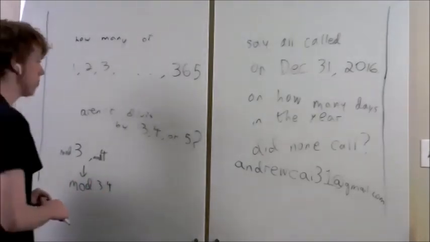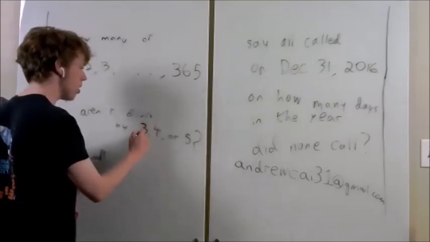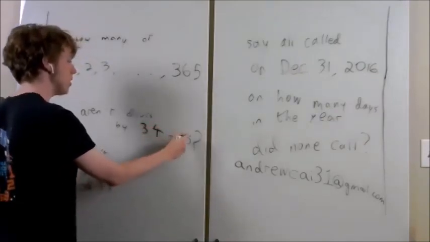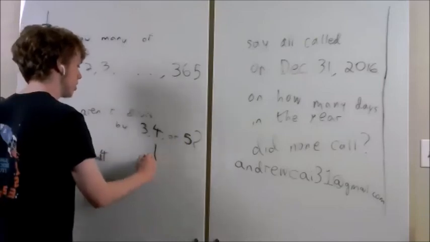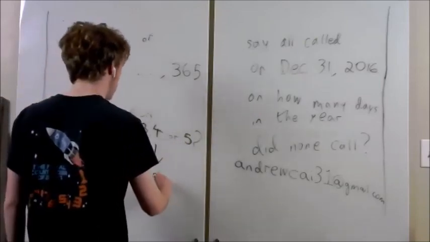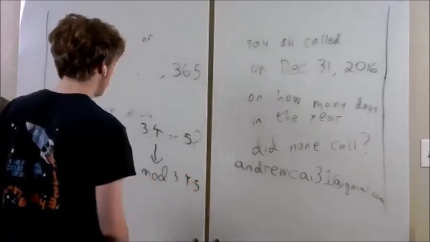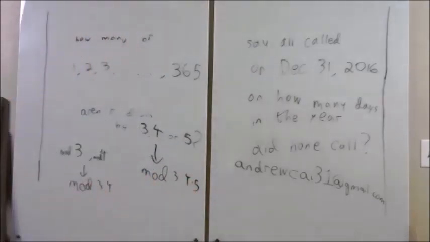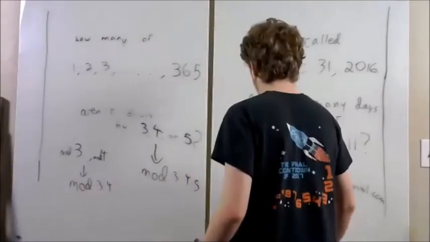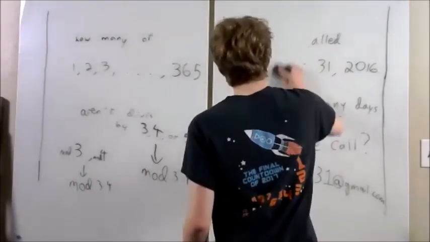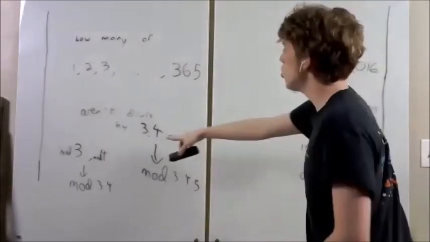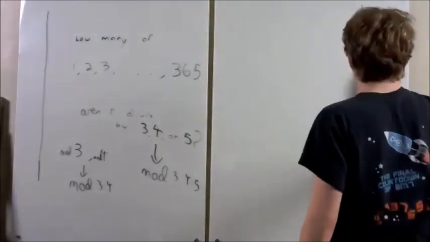And so a combination of residues modulo all 3 of these is just a residue modulo 3 times 4 times 5, because no 2 of 3, 4, and 5 have a common factor.